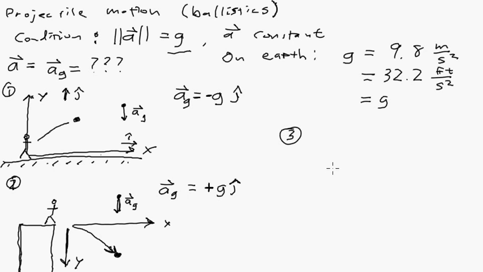So let's say we have an object starting from this point here, and we define coordinate axes. This object is moving in 3 dimensions. So we're going to say this is our x coordinate, this is our y coordinate, and this is z. And we're going to say gravity is going downward, a sub g.